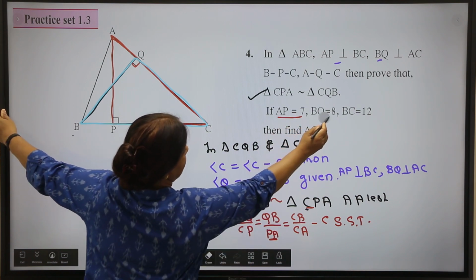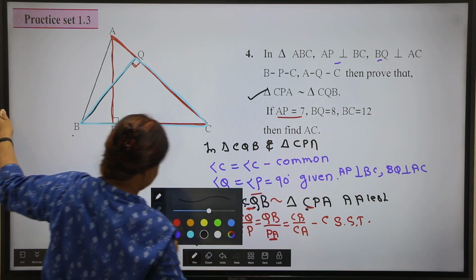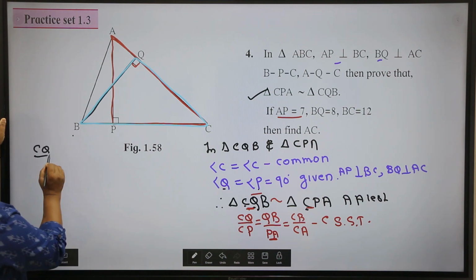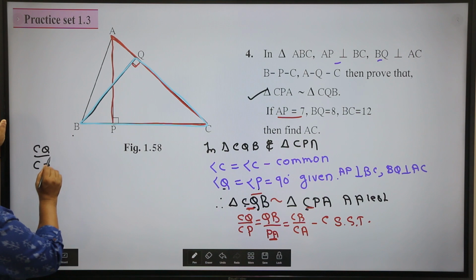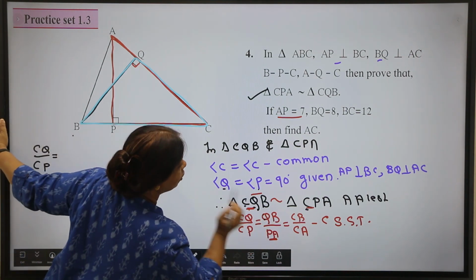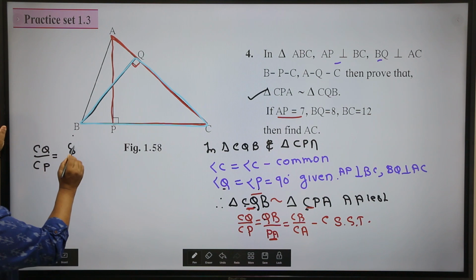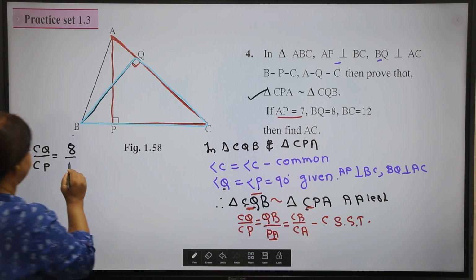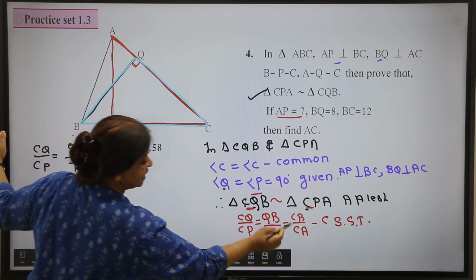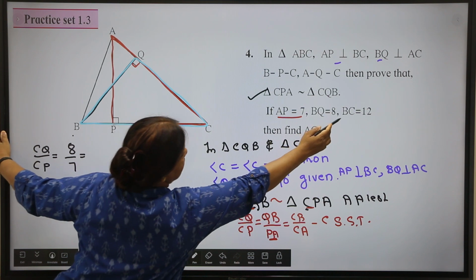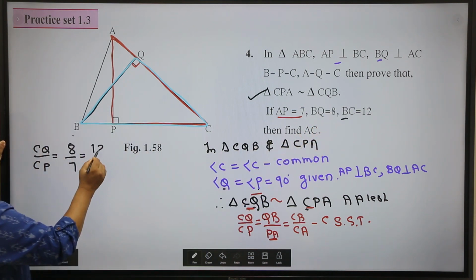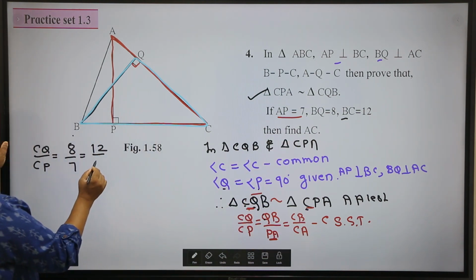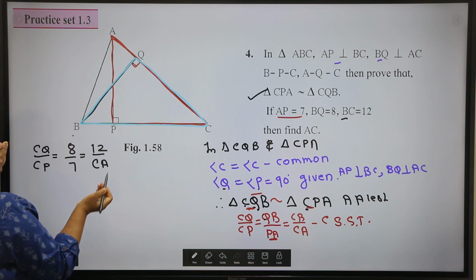QB is given, this is 8. So CQ upon CP is equal to QB, which is 8, upon PA, which is 7, which is equal to CB, BC. CB and BC are the same. 12 upon CA. CA we want to find out. AC or CA is the same.